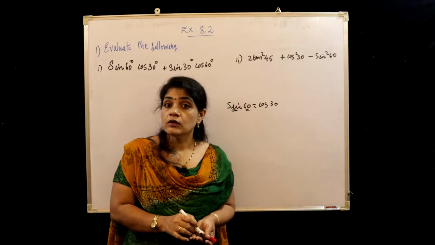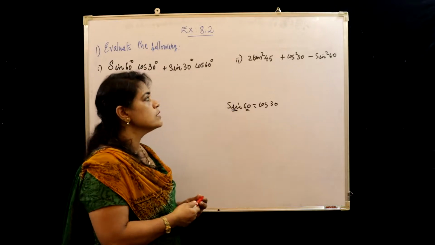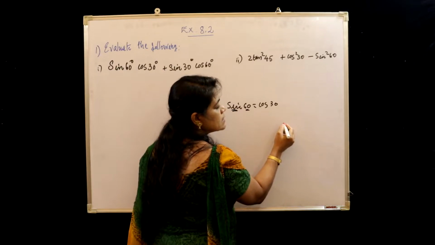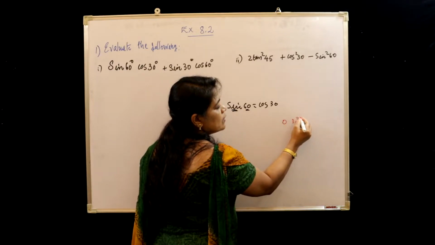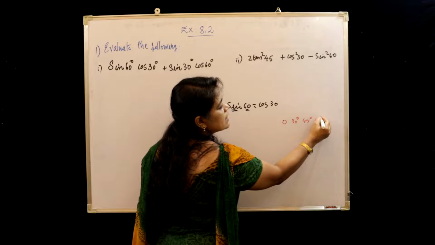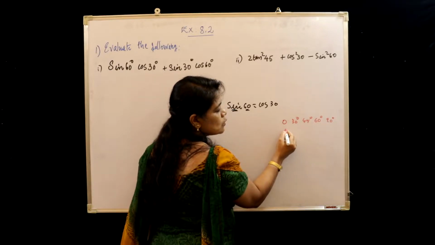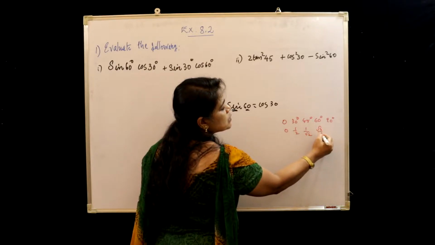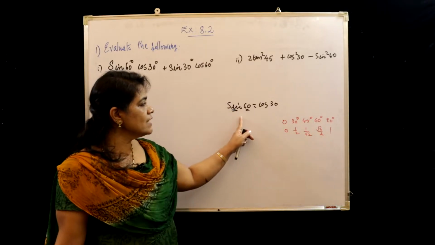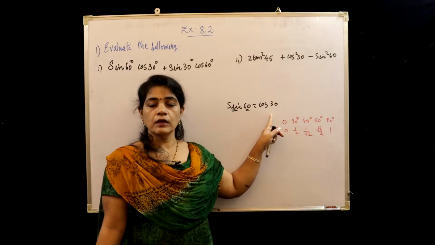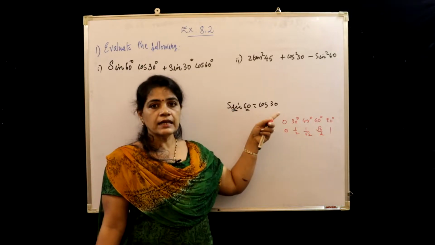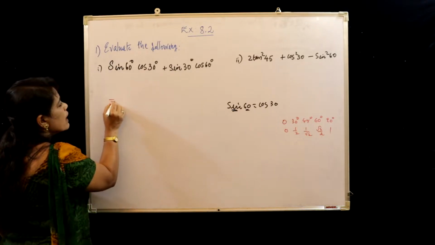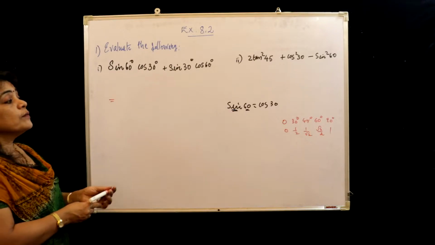And we know how to write down the first row, the sine values for these 5 angles: 0, 30 degree, 45 degree, 60 degree, 90 degree. Sine values are 0, 1 by 2, 1 by root 2, root 3 by 2 and 1. We have seen that sine 60 equals cos 30, and sine 60 is root 3 by 2 from the first row.